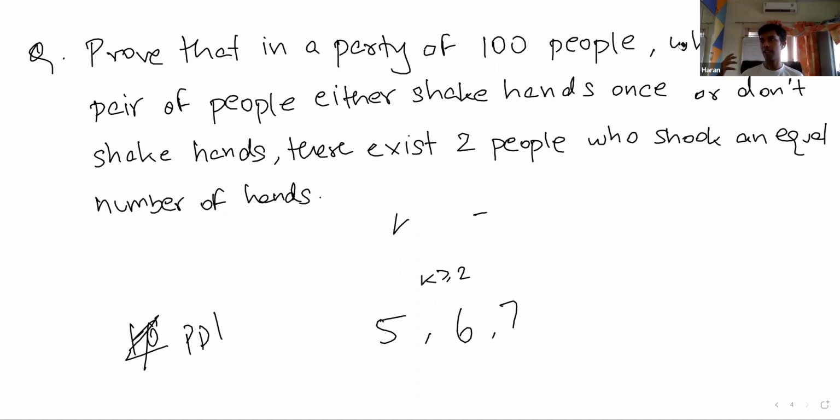I might have shaken hands with some one person, and the number of hands that person shook will decrease by one. But there might be another person I did not shake hands with, and when I'm removed, their number of handshakes might be unchanged. So the number of handshakes these two people did might not be equal, but they can become equal. So induction won't give you the answer either if you're not careful about all these changes.